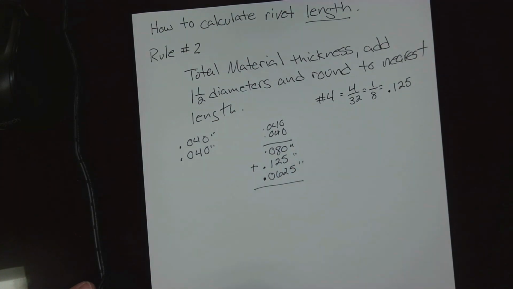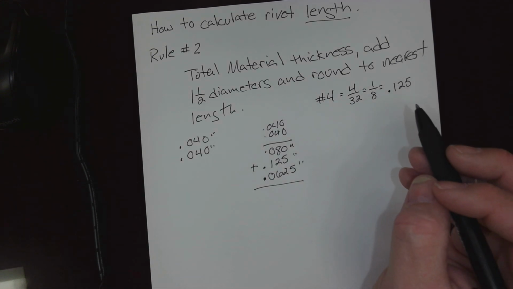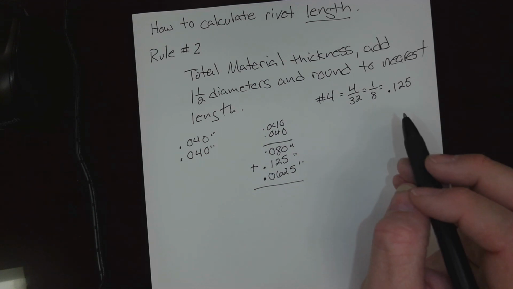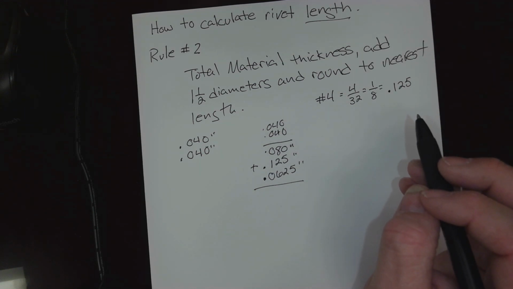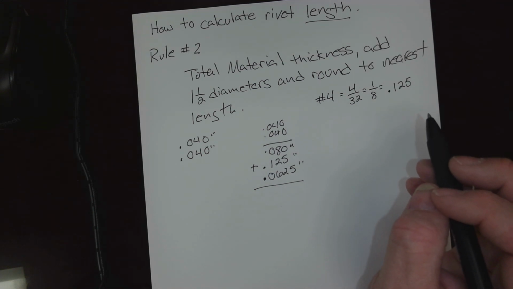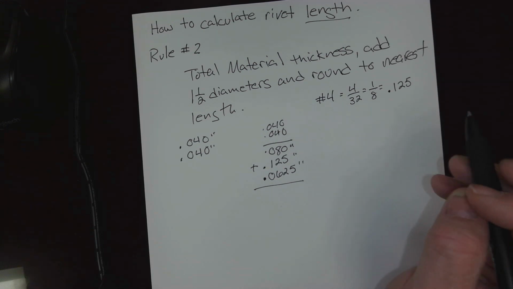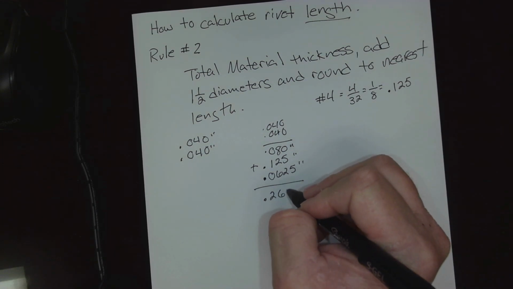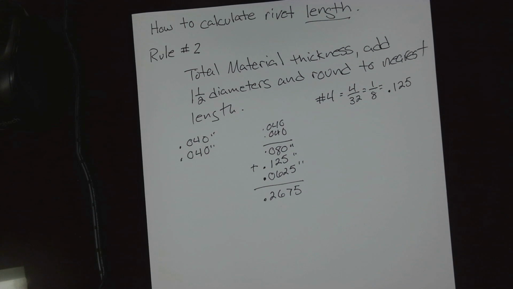Now if we add all of these together, and let me do some calculations so I don't make a mistake, 0.080 plus 0.125 plus 0.0625 equals 0.2675.